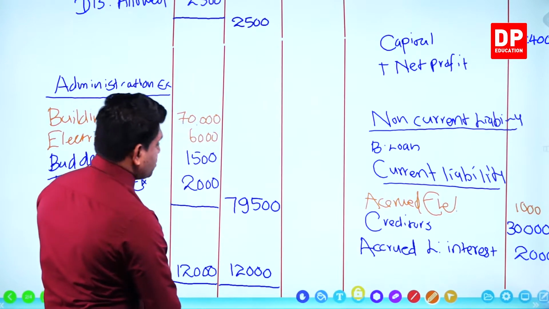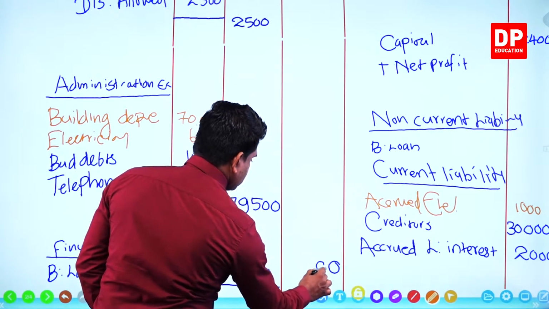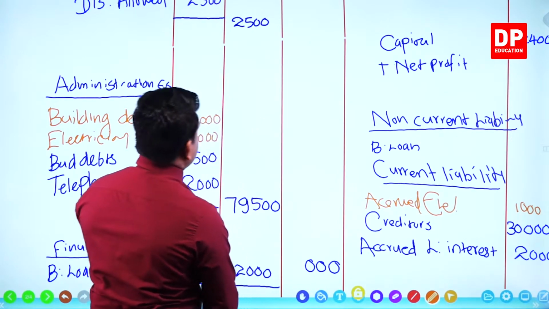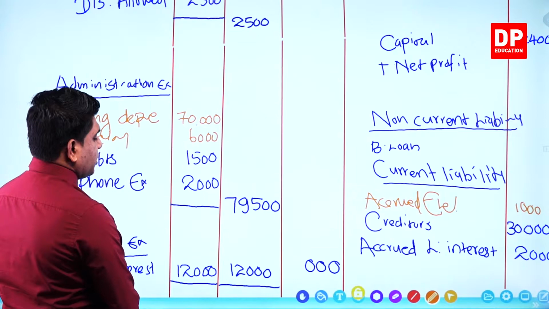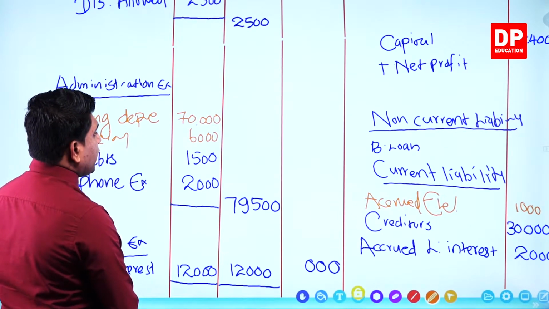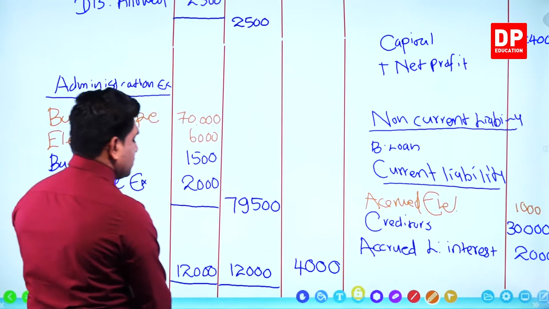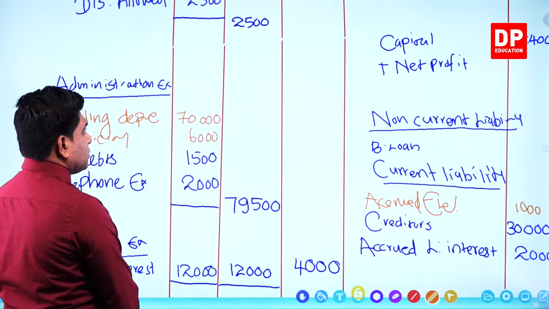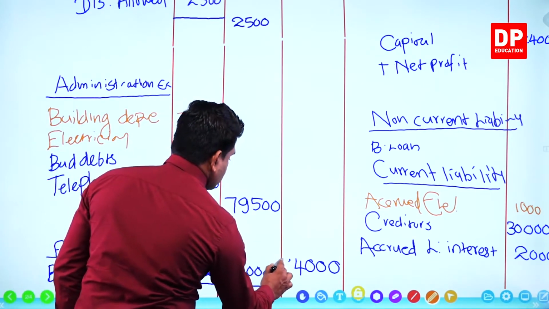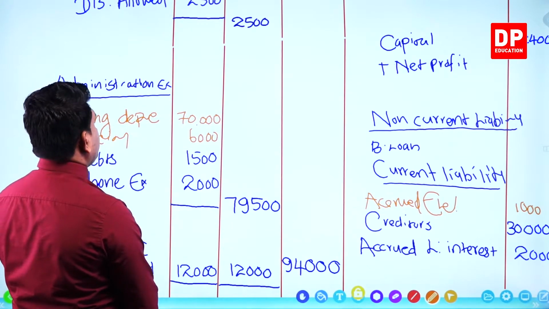These are the total expenses. 5 plus 5, 10, then 1, then 2, 3, here 4, here 94,000. Total expenses 94,000, right?